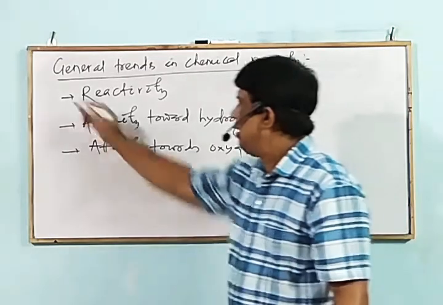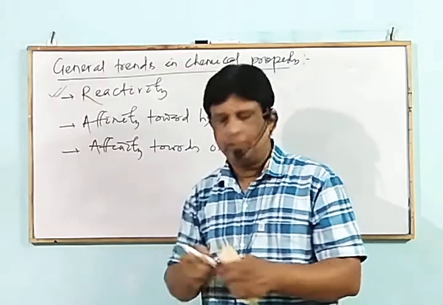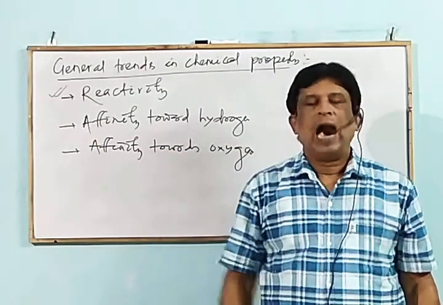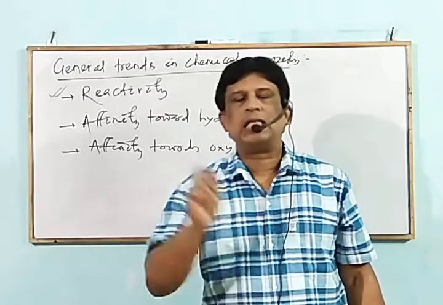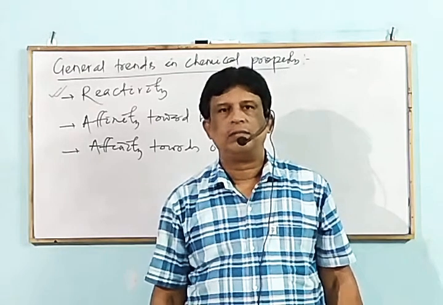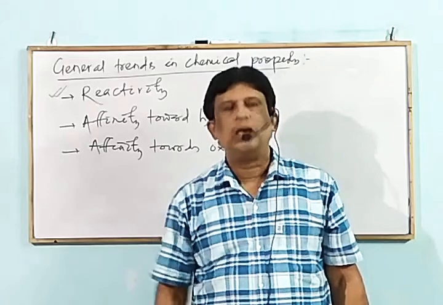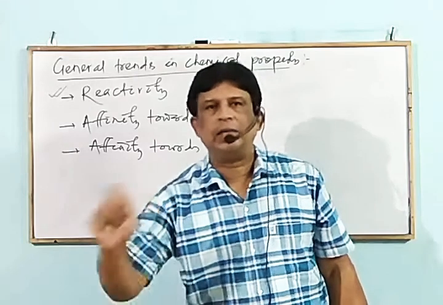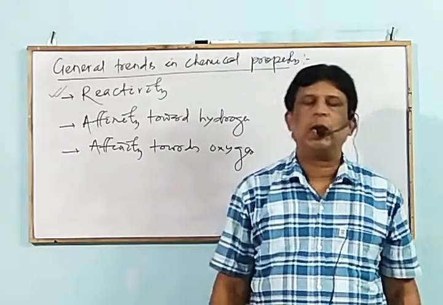First one is reactivity. Among the halogens, fluorine possesses highest reactivity due to the following points. What are the points?